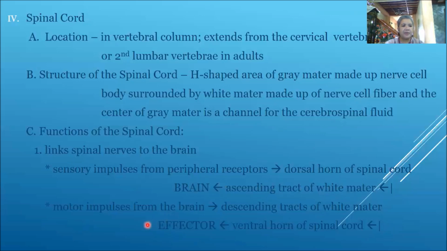Then the motor impulses from the brain will descend and will be found in the white matter to go to the ventral horn of the spinal cord, before it will go to the effector or to the muscles for its action.